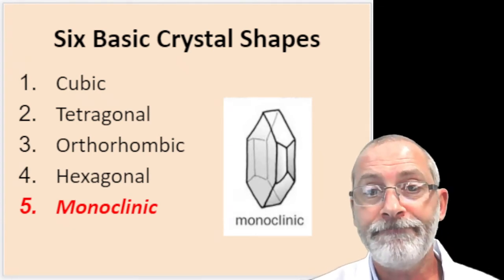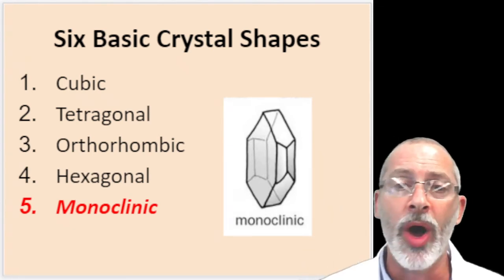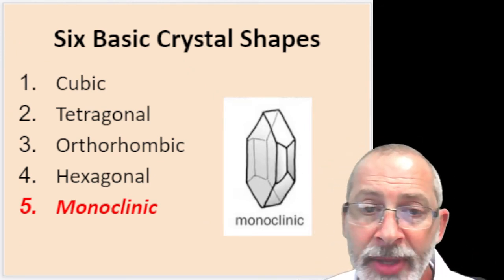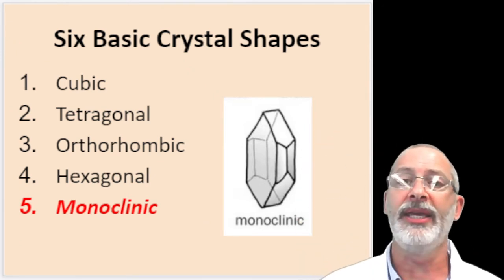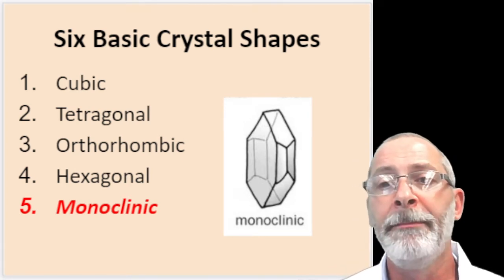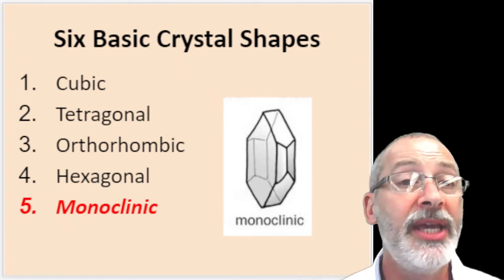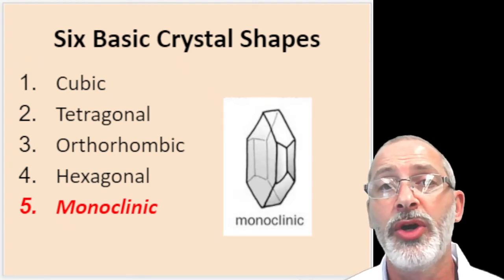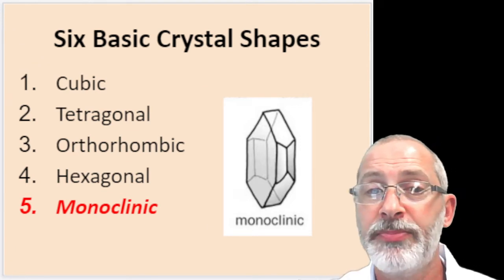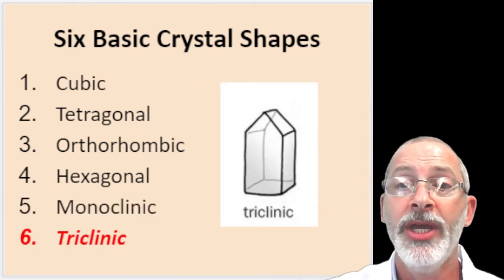Monoclinic. Mono means one. Clinic means flat, basically. So a monoclinic is a very thin, flat-shaped mineral. A couple days ago, you saw the video with some examples of monoclinic crystals, but that's basically the shape of them.